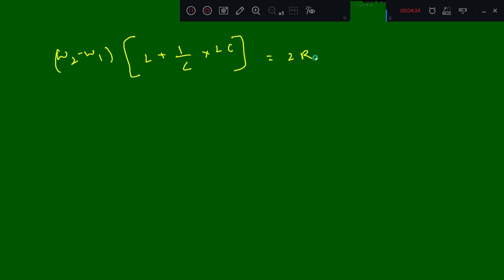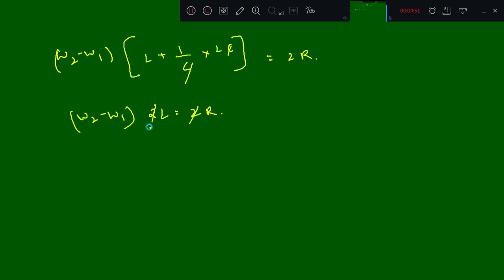What value do we get if I substitute? Omega 2 minus omega 1 into L plus 1 divided by C into LC equals 2 into R. Here C and C cancel, and only L remains, so omega 2 minus omega 1 into 2L is equal to 2R.